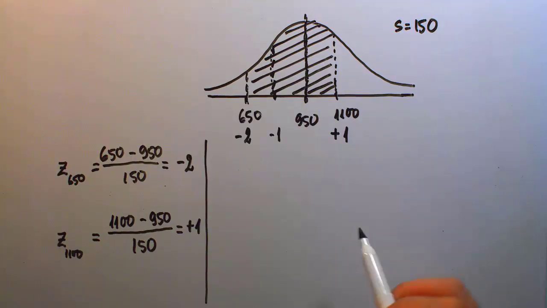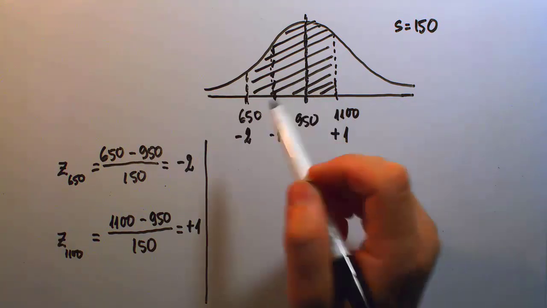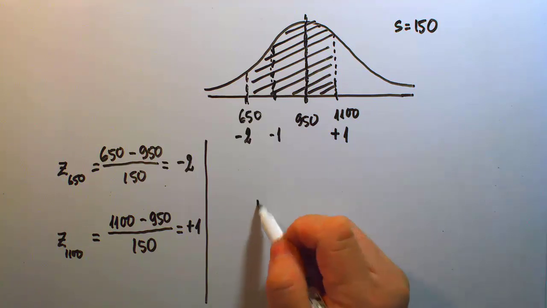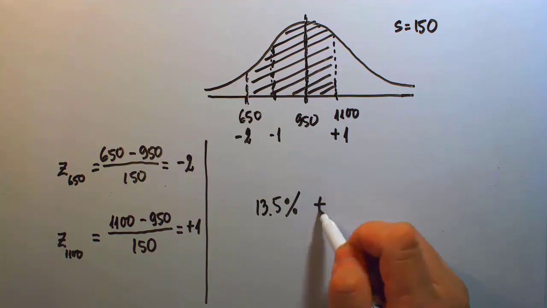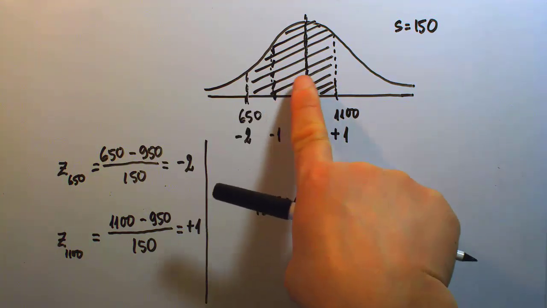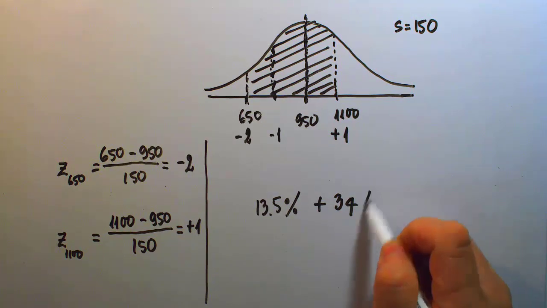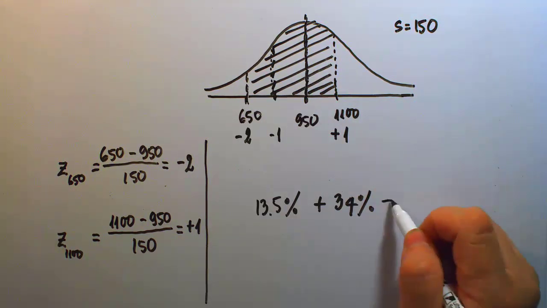My math now is clear: the amount of shading area we're looking for is 13.5%. After looking at that chart here, we're going to accumulate that together with that 34% here, and we have another 34% here.